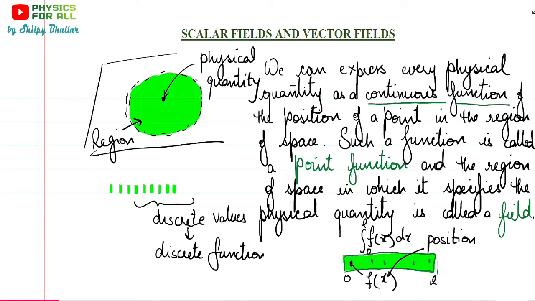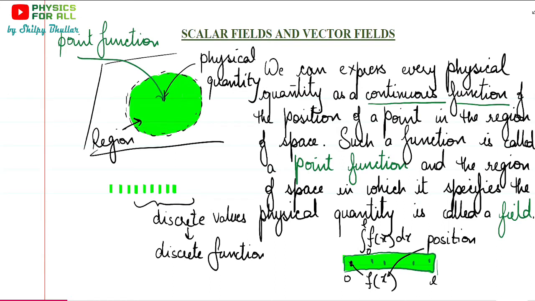So the region of space in which it specifies the physical quantity, or the region of space in which the effect of that physical quantity is felt, that is called a field. This is a physical quantity, and if we define it in terms of a continuous function of position of a point, this is a point function, and this is spread over this entire region.